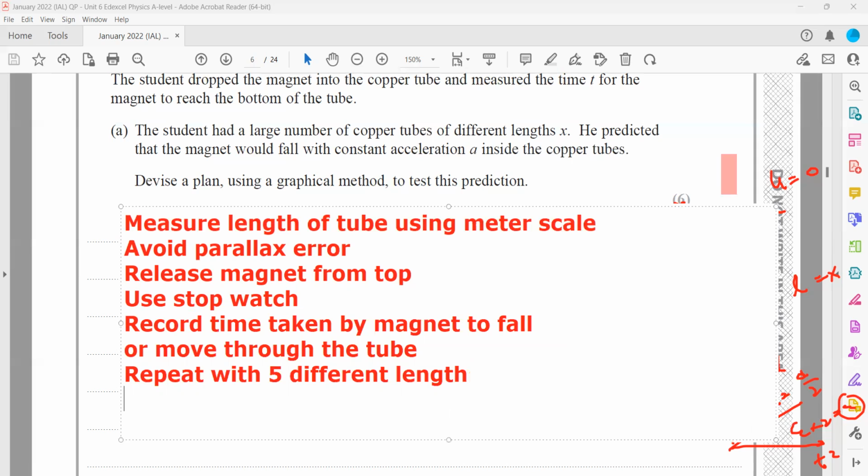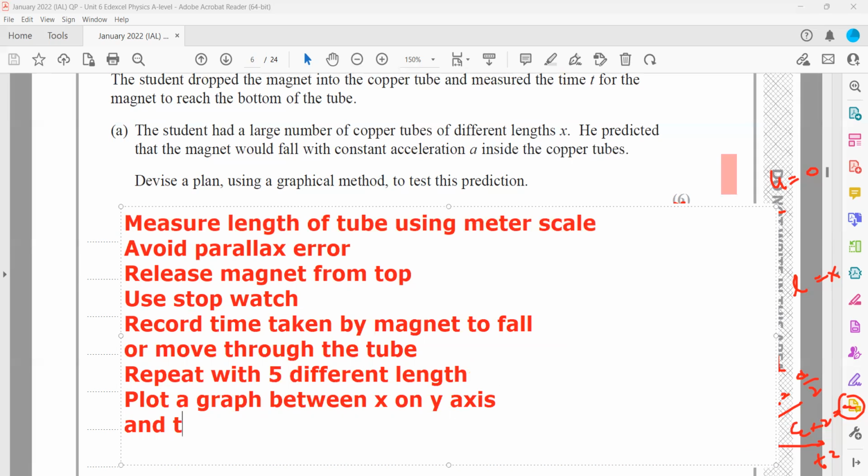Then we will plot a graph between the length on the y-axis, and you have to mention which axis, and time squared on the x-axis.